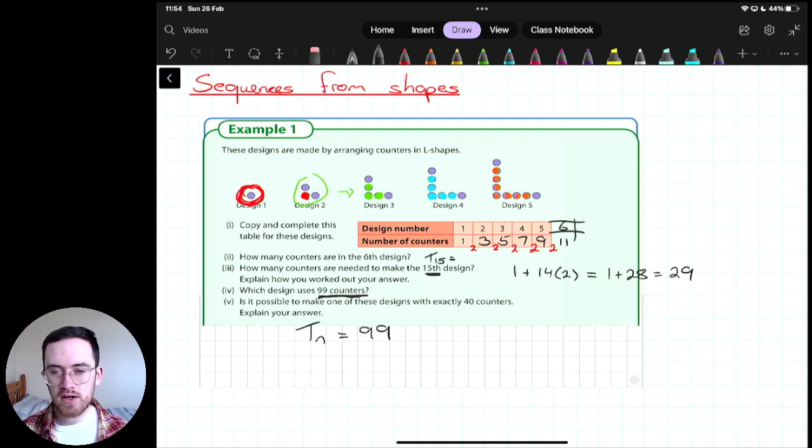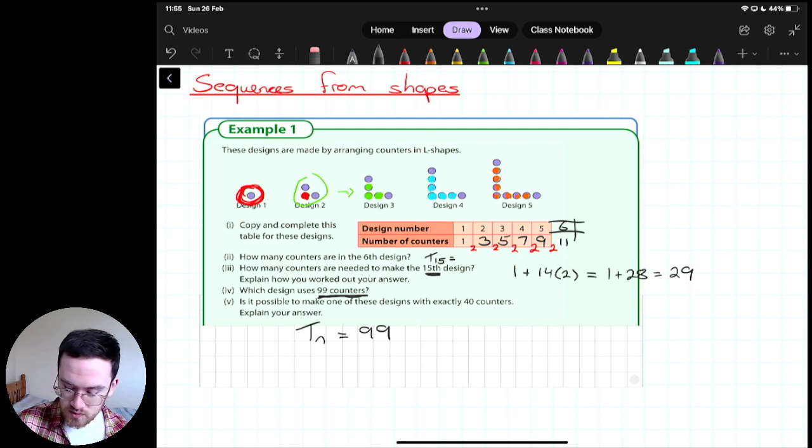At this point here, we're making a bit more of a guess, a bit more of an estimation at the question. We've seen that I'm adding on a certain number of 2's each time. The number of 2's that I add on is one less than whichever term that I'm looking for.